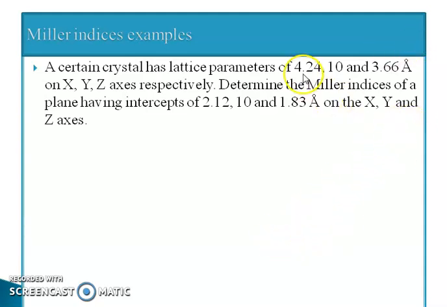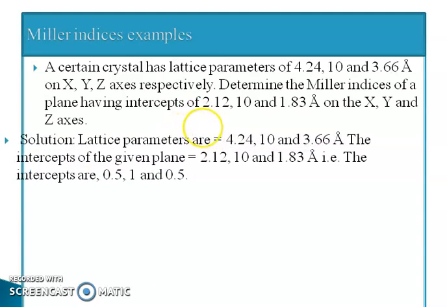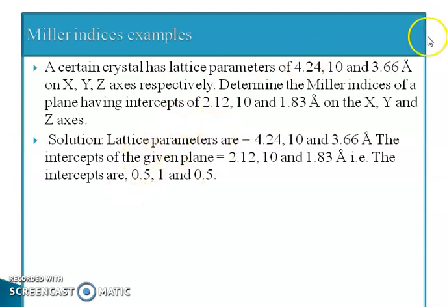These lattice parameters are nothing but a, b and c, and these are the intercepts. Now in the solution, lattice parameters are 4.24, 10 and 3.66. Intercepts are 2.12, 10 and 1.83. If we take the ratio, they come to be 0.5, 1 and 0.5. Therefore the intercepts are half, 1 and 1 by 2.